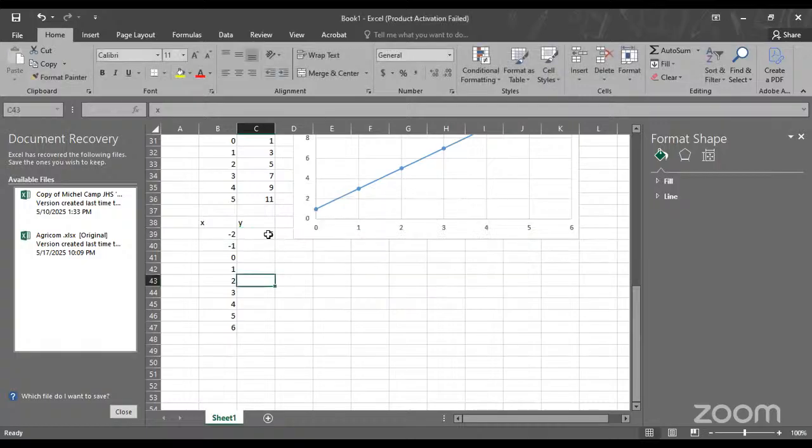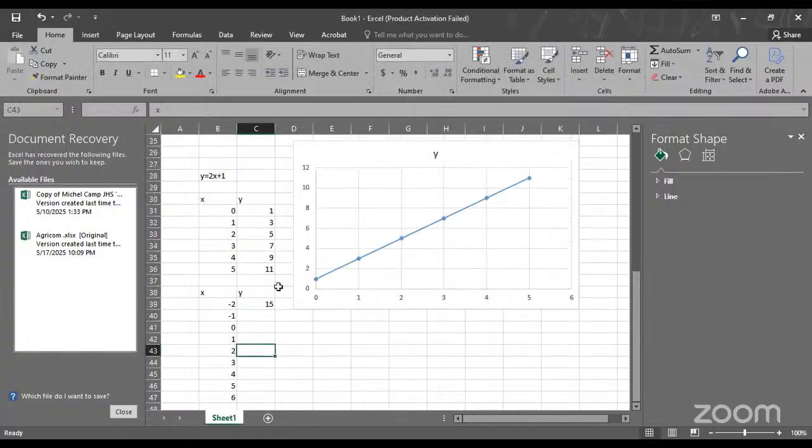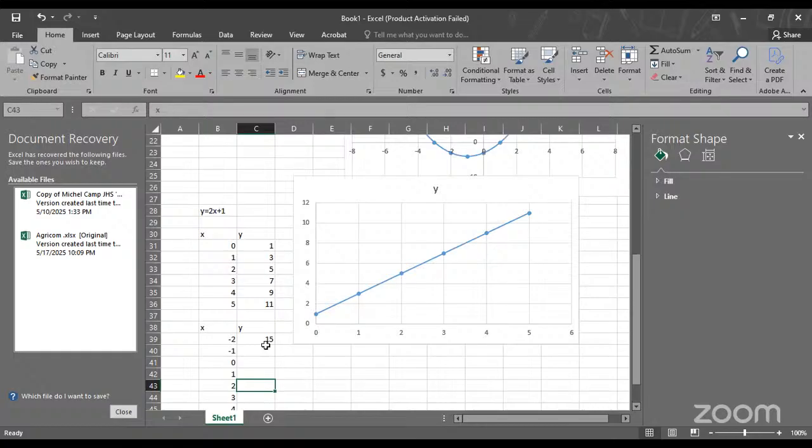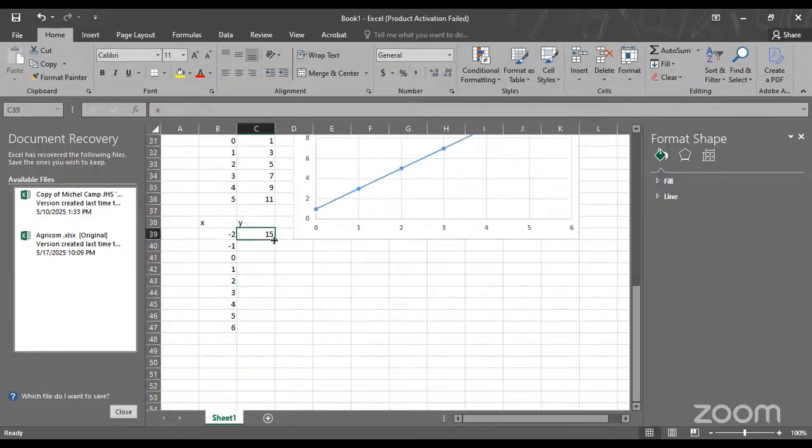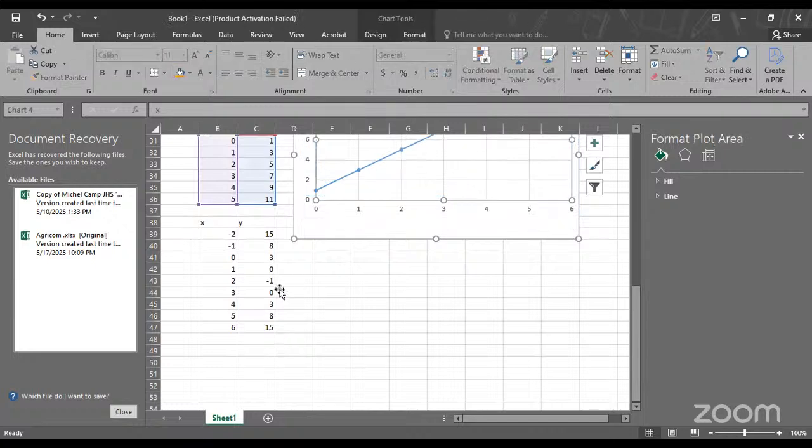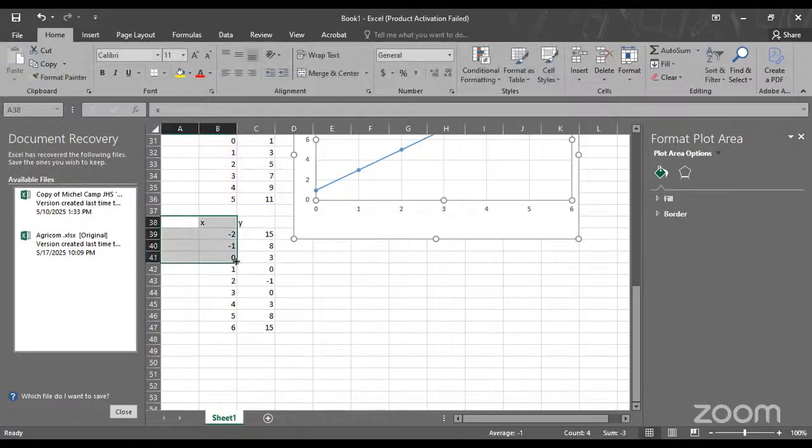Okay. So it means when x for our equation was -2, y will be 15. Okay, then we can use this to this point. Good. So now we have exactly what we had in our question, right? The table, that's exactly what we had in our table. So now let's plot our graph.